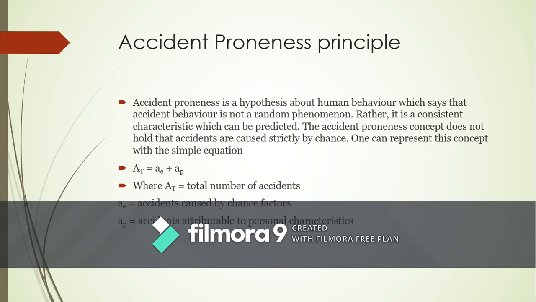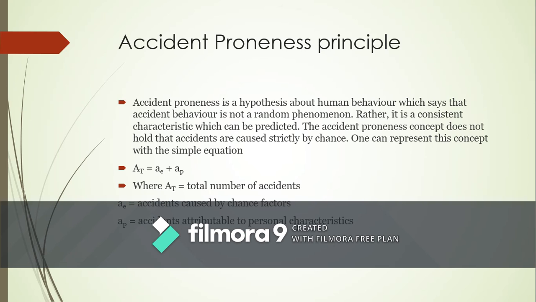It's a hypothesis about how industries are prone to accidents. Here there are two basic concepts under the components of accident proneness. The first is accidents caused by chance factors, and the second is accidents attributed to personal characteristics.